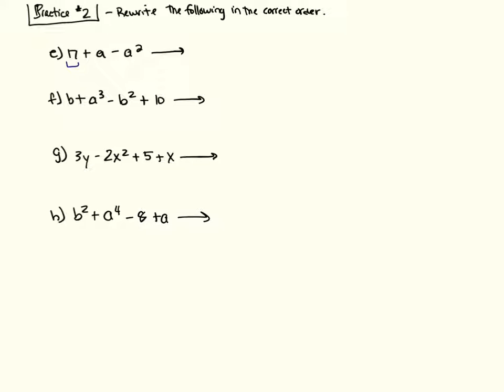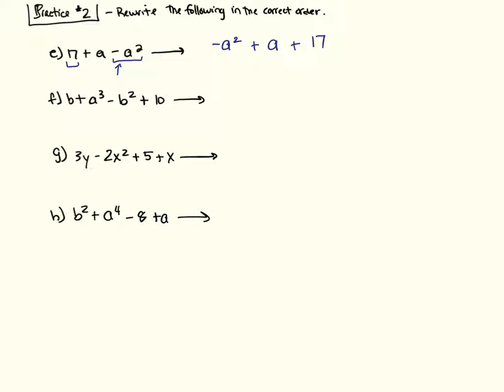So don't forget, this term with the power is a negative. So don't forget that negative. Then you have a plus a, and then put your plus 17 at the end.